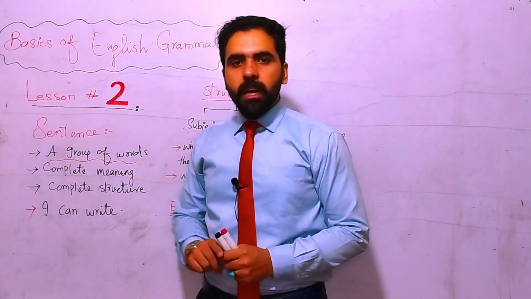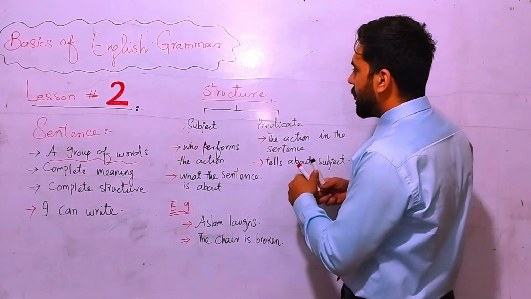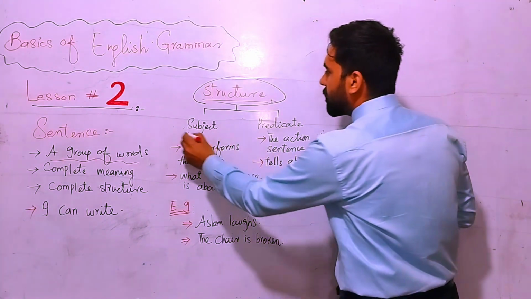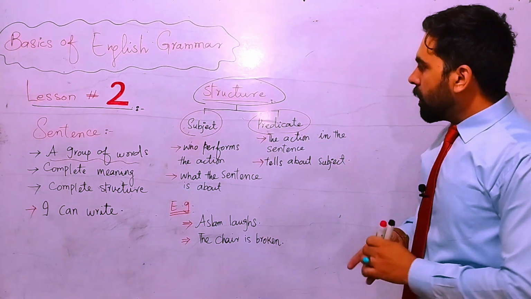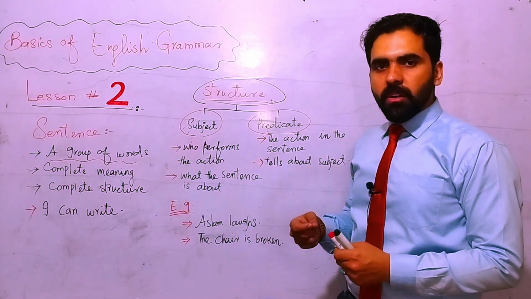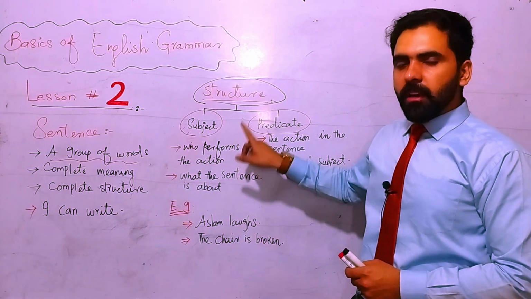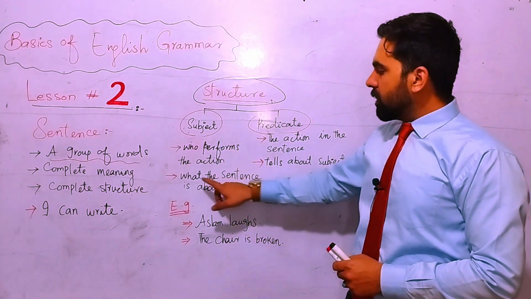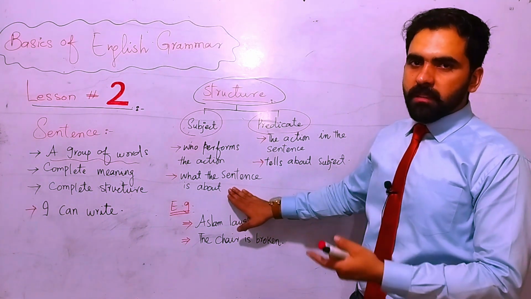Okay, what do I mean when I talk about structure? Whenever we talk about the structure of a sentence, we talk about two things. The first thing is subject and the second thing is predicate. Okay? Now, what is a subject? A subject is something or someone that performs an action. The second definition of a subject could be that the sentence is about the subject.